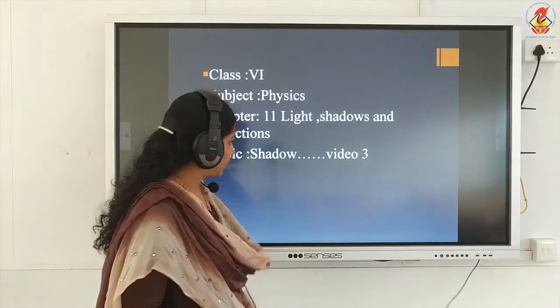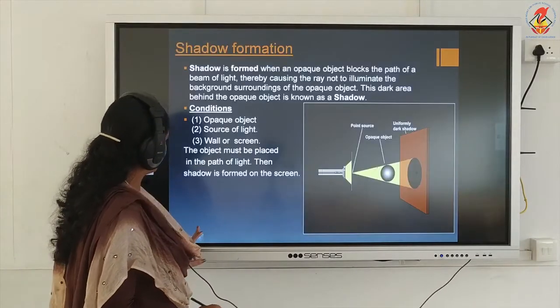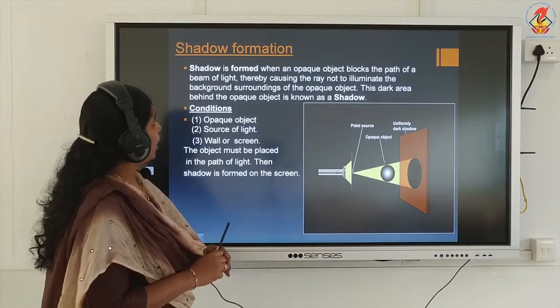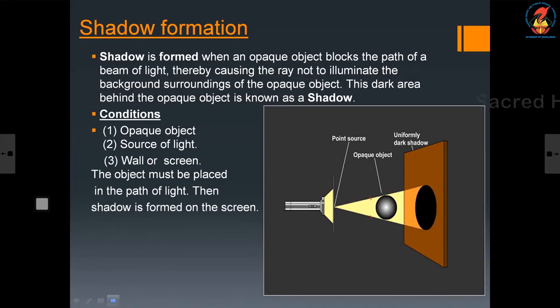Now, a shadow is formed when an opaque object blocks the path of the beam of light. So this one is an opaque object.